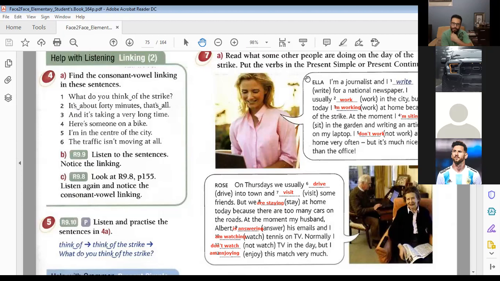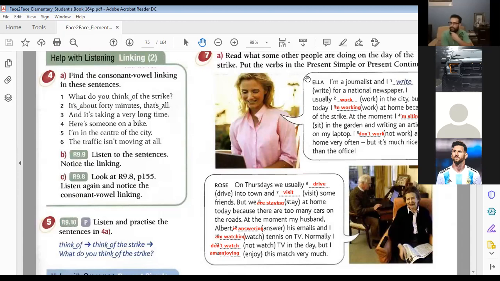Ella, I am a journalist, and I write for a national newspaper. I usually work in the city, but today I am working at home because of the strike.